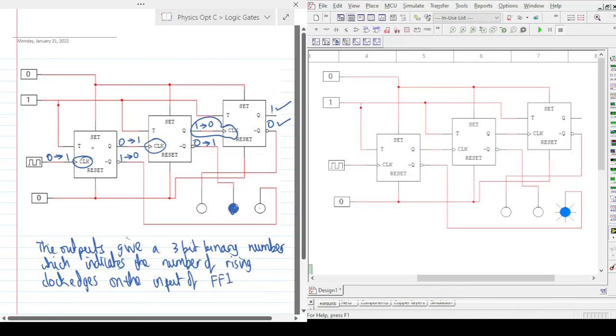So let's call this FF1. This is flip-flop 2. This is flip-flop 3.